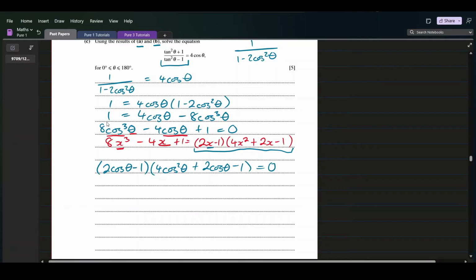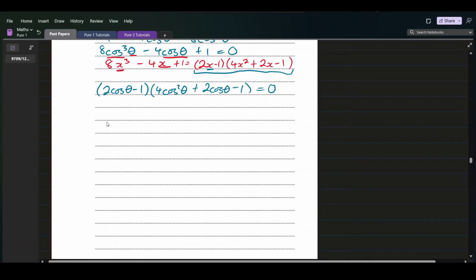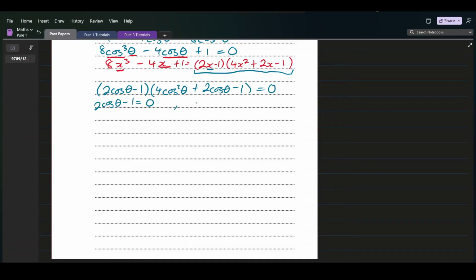And now we can equate each bracket to 0. So you've got 2 cos theta minus 1 is equal to 0. And then our quadratic 4 cos squared theta plus 2 cos theta minus 1 is equal to 0.